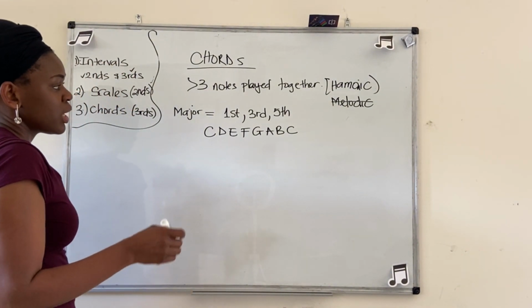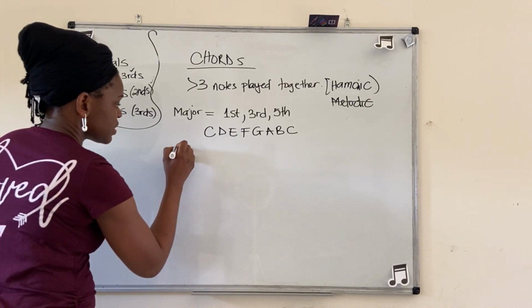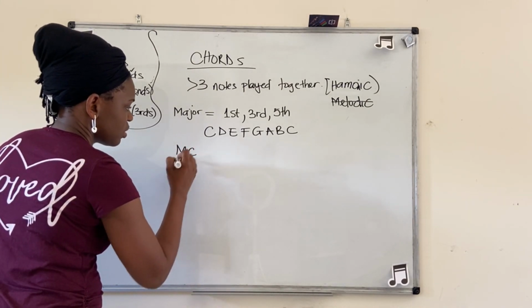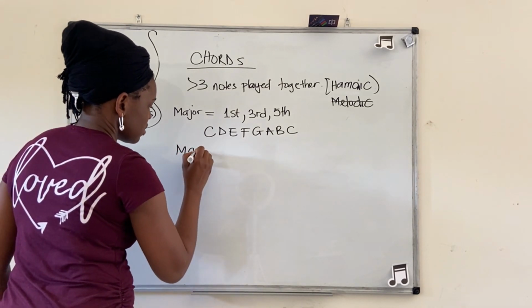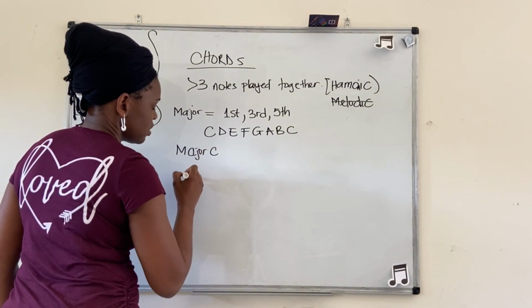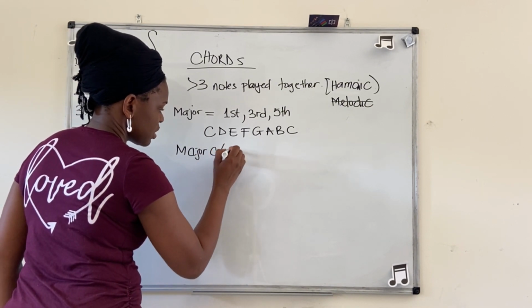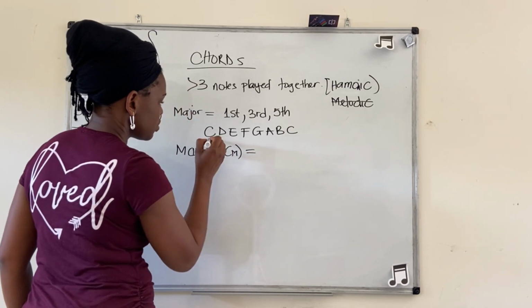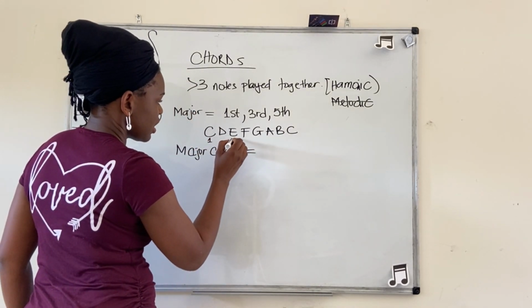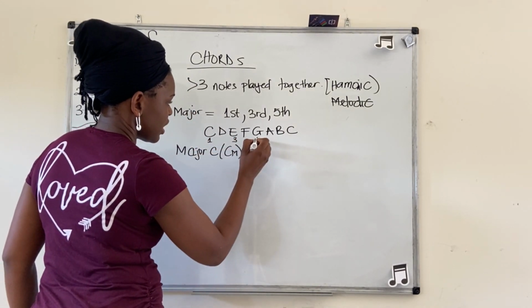So if we want to make the major C chord, or sometimes it's written C major chord, you have the first note, which is 1, and the third, and the fifth.